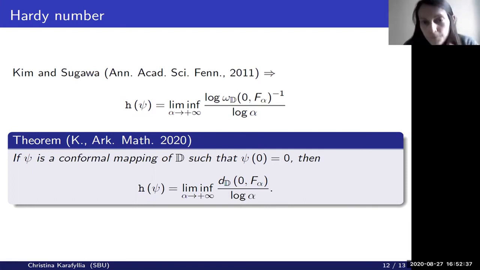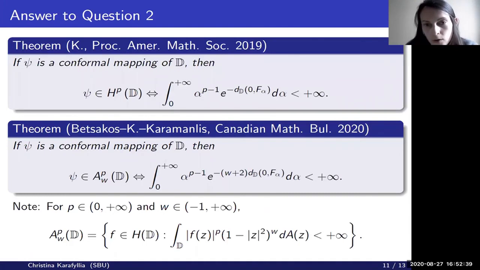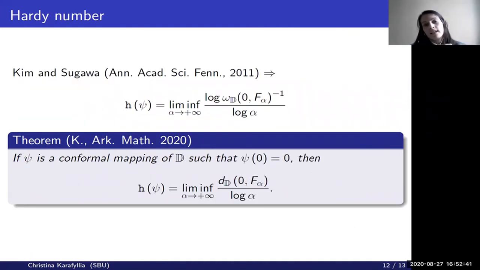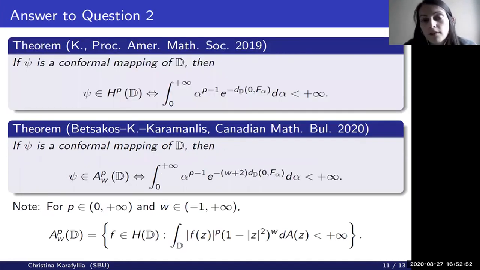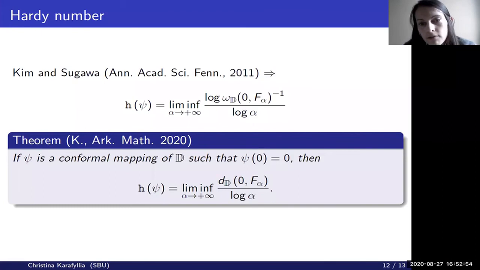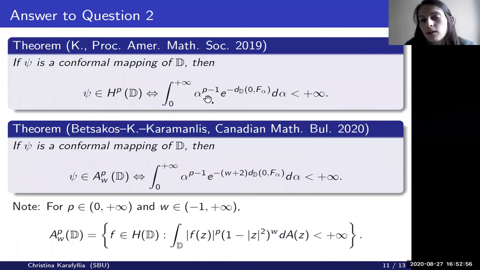In conclusion, what we did today is to find ways, geometric ways to check if a conformal mapping belongs to the Hardy space HP or not. The first way is to check if this integral or this integral with harmonic measure is finite.